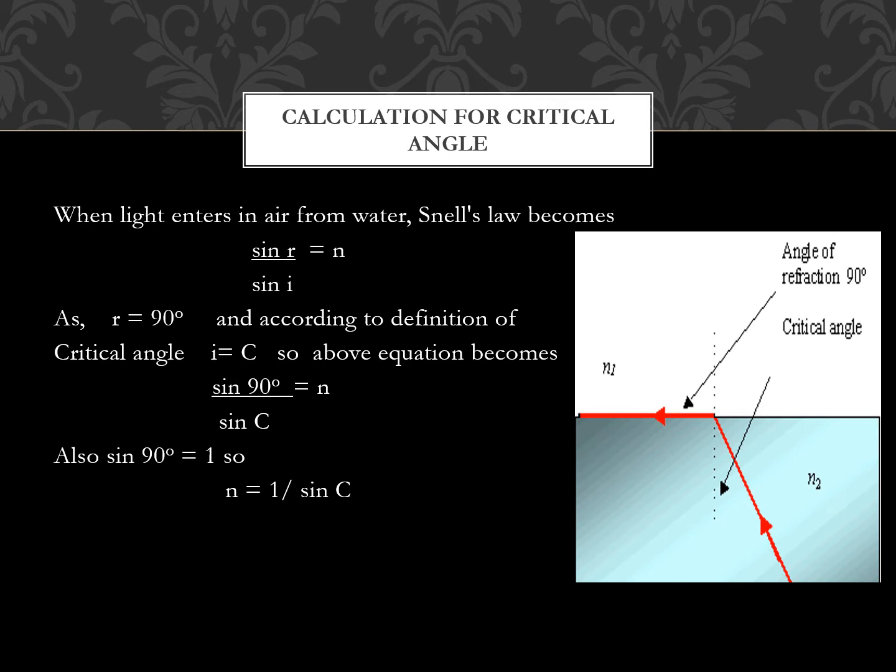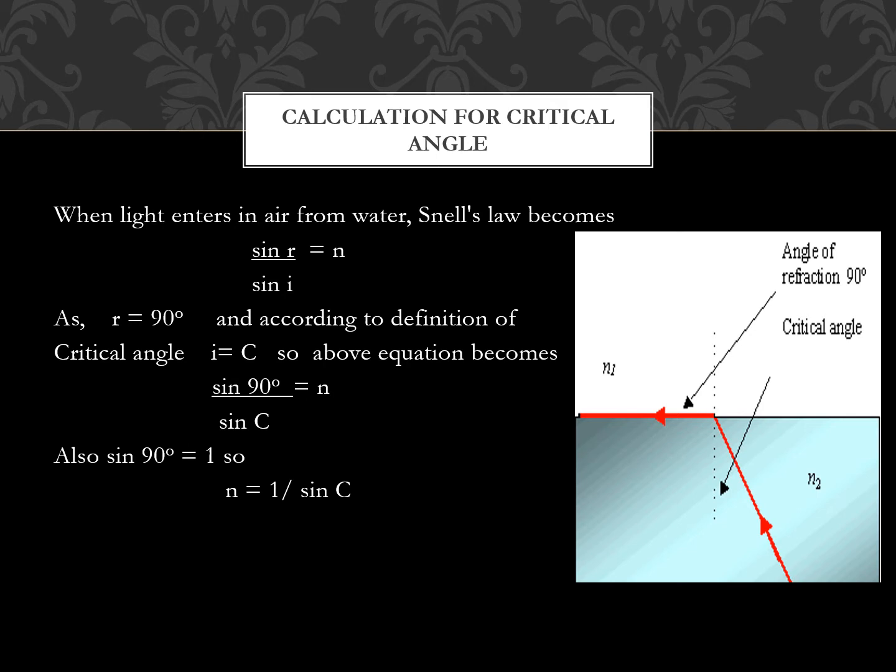Initially we used Snell's law as n equals sine i by sine r. As our angle of refraction is formed in the air and our angle of incidence in the medium, Snell's law becomes, for this situation only, n equals sine r by sine i.